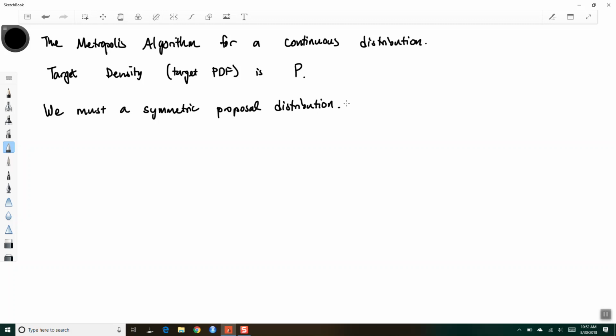Okay, because the way the Markov chain works is you have a random probability distribution and you're proposing values at random, okay? So we must have a symmetric proposal distribution, and what this means is that we propose values at random from a probability distribution.